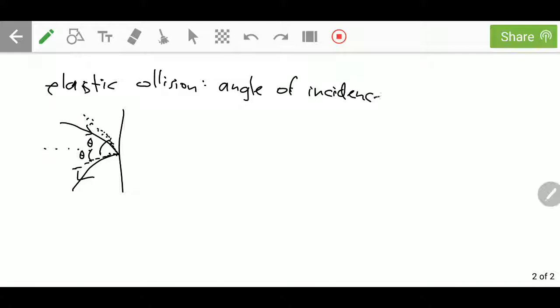Where you draw the perpendicular line to the wall and then draw the angles of the tangent line to the trajectory on both sides of the collision. And so this motivates a particular trick.